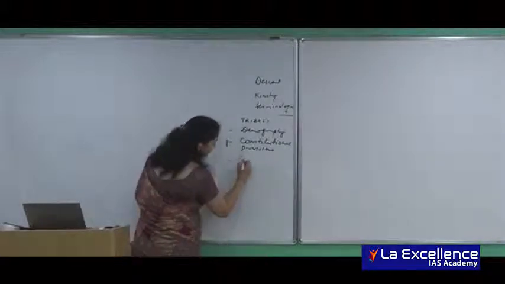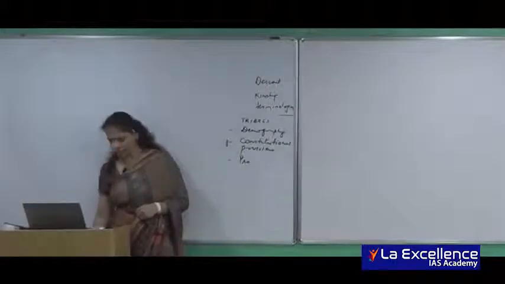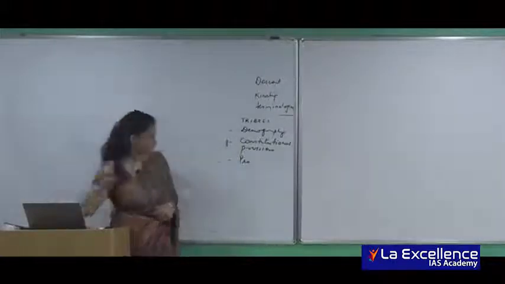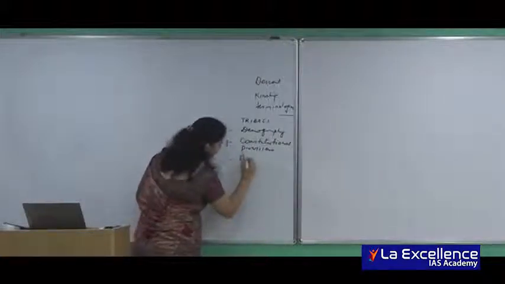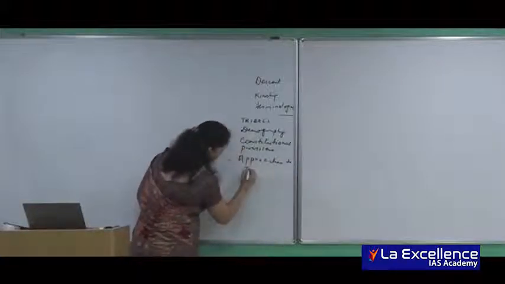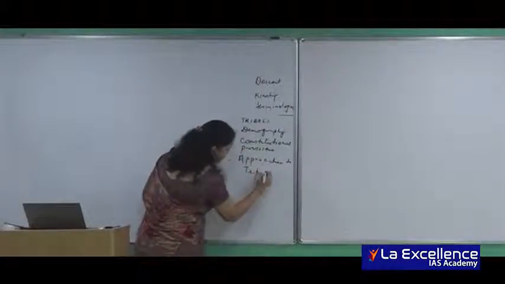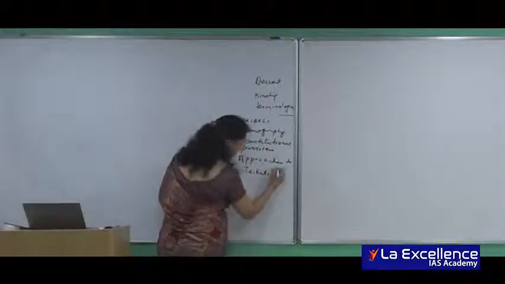And we will introduce the idea of approaches to tribal. See, we have been speaking of this many times in the class, assimilation, isolation, etc. For this, we will take a proper note.